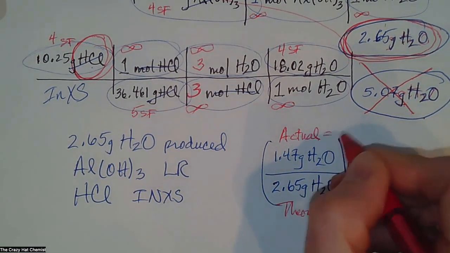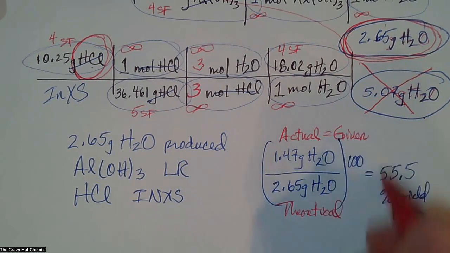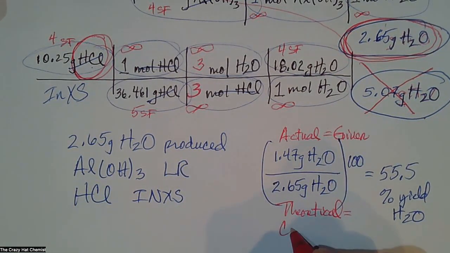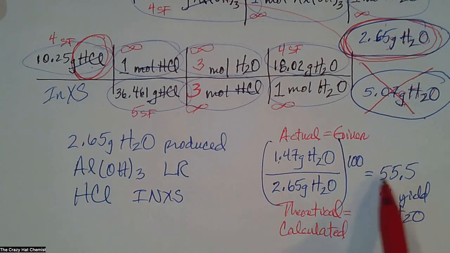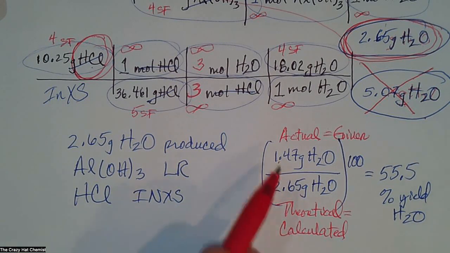The actual is given in the problem. The theoretical is calculated. The number of significant figures is 3, 3, and infinite. So that's why this is 3. Okay. It's the small number over the big number. That's another way of looking at it.